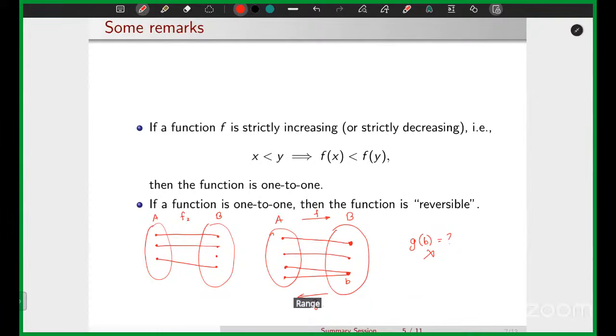Range. Yes, so you have to consider the range. So let me write it as inverse now. Inverse of f2 can be defined on the range of f2.